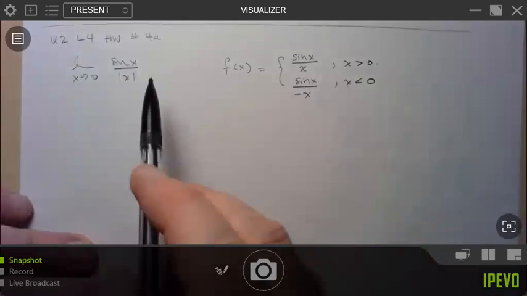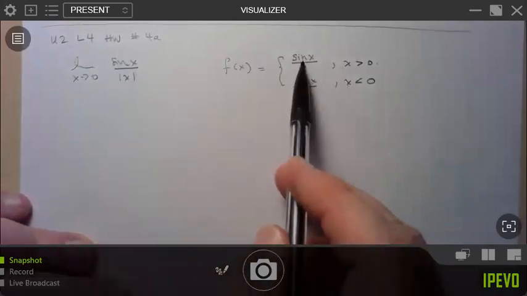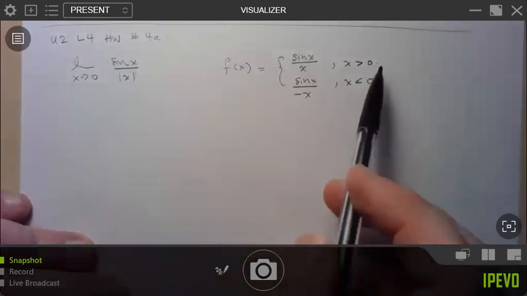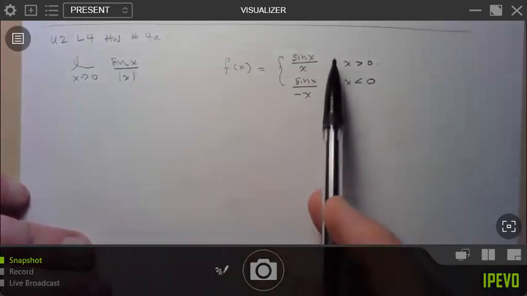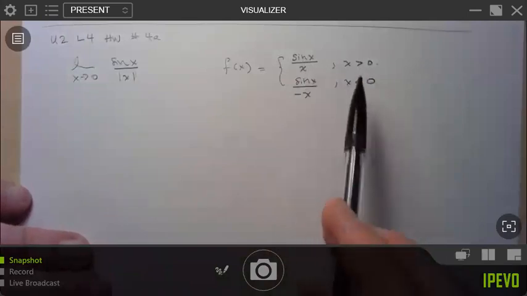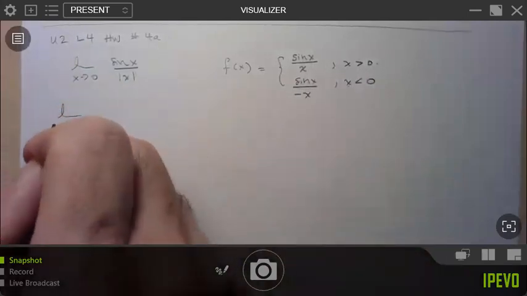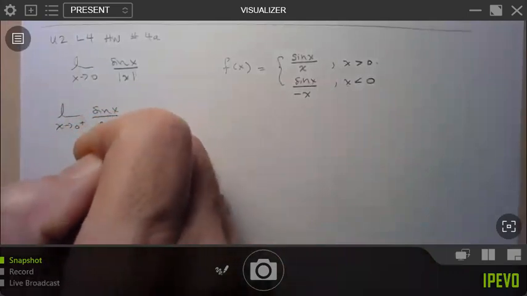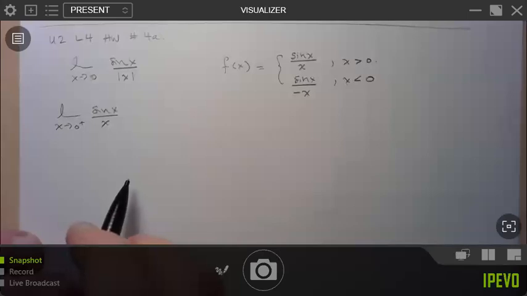Okay, so you see what I did is I just turned this function into a piecewise function and it changes equation at 0. But that means it's defined differently from the left of 0 to the right of 0. So that's why I'm going to have to take the limit from the right. Okay.